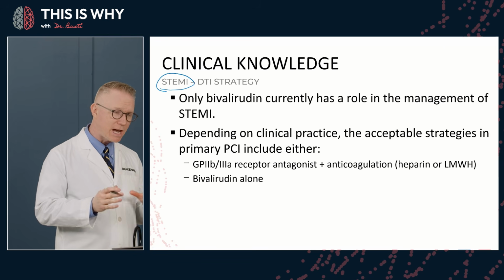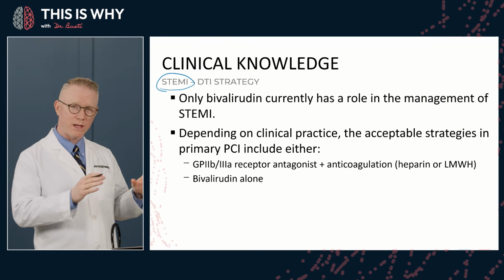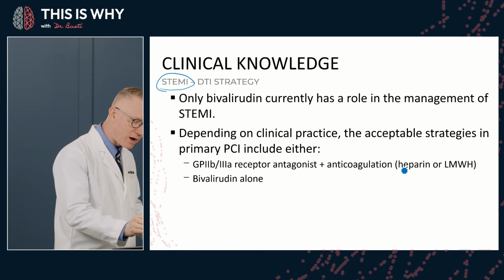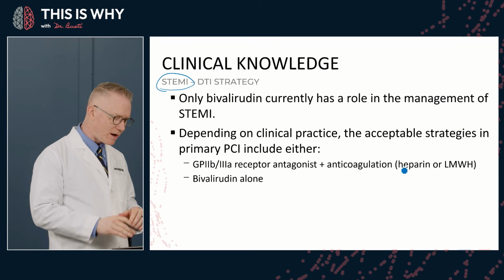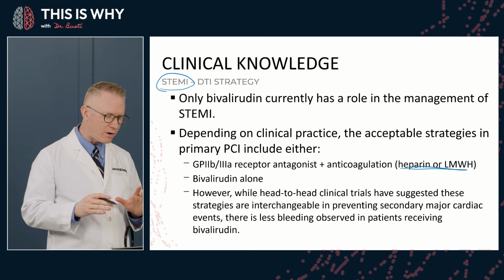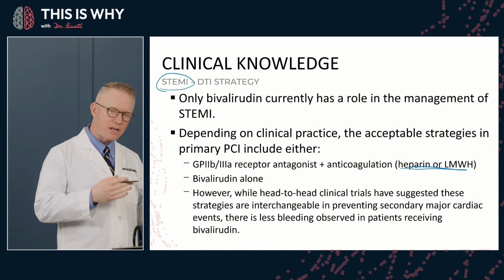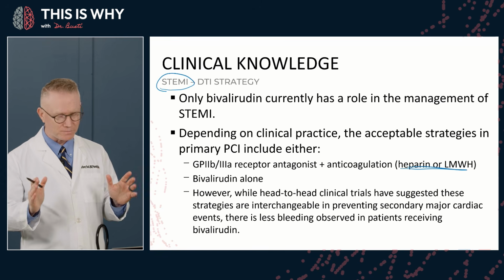Okay, many times these are going to be used, especially if you're not using it with a glycoprotein 2B3A receptor blocker. In those cases, patients are usually on a heparin or low molecular weight heparin. Okay, but this is where Bivalirudin can be helpful. However, when you look at some of the evidence that's out there, some of these strategies have suggested that they are interchangeable.